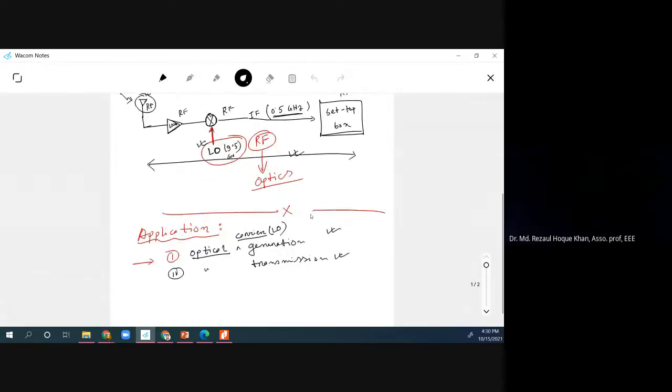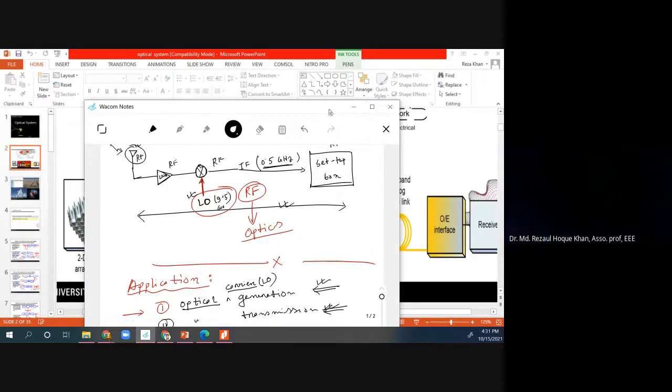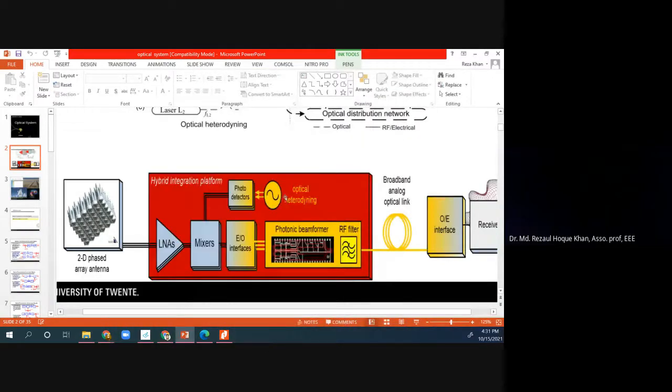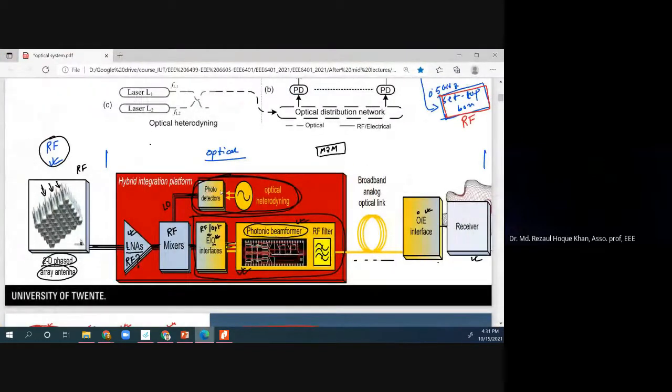Transmission is definitely for telecommunication applications. Generation is also somewhat related to telecommunication or the big optical lightwave system we implemented and showed here. Here we could implement optical generation, and the optical transmission will happen here.